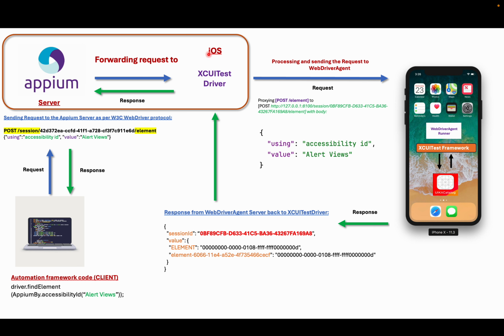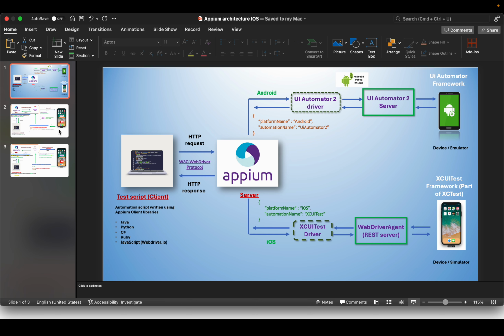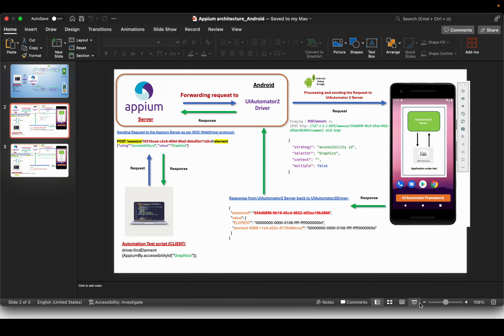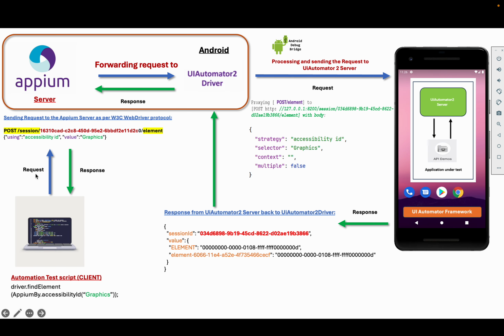When it is sent to the XCTest driver, it sends this request as it is to the WebDriver agent, without changing the body of the request. But if you observed in Android, this is the Android. When we sent the find element request, this was the body of the request.